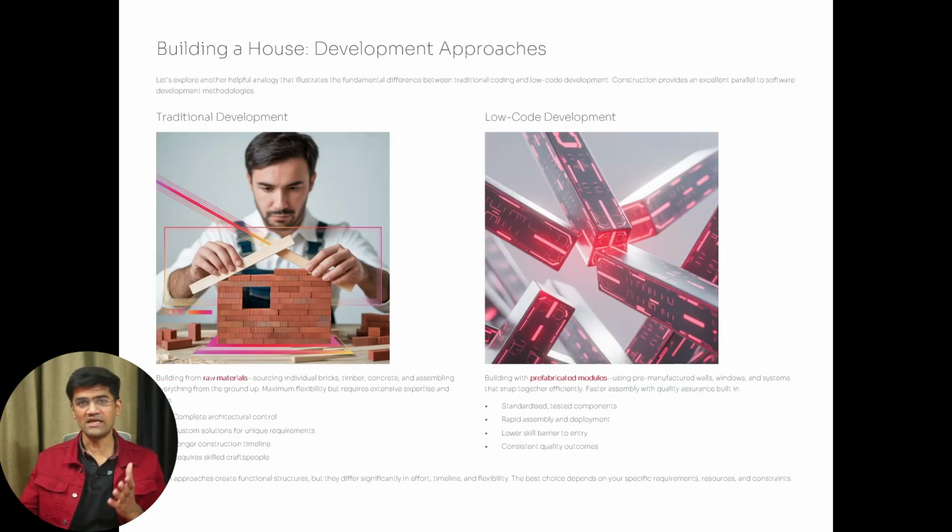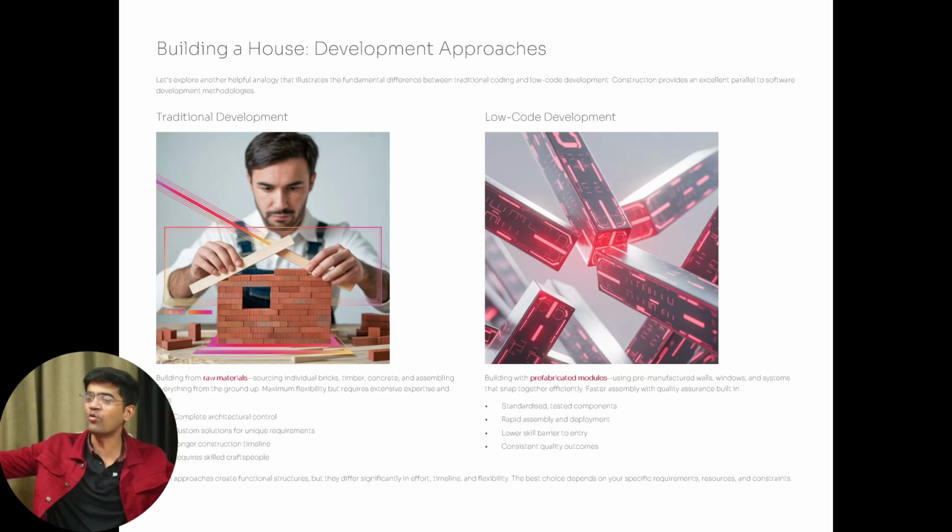Now, the same example we considered before for cooking, let's consider the house building approach. In the traditional way, how do we build a house? We source the bricks, timbers, concrete, we assemble everything and we build the house brick by brick.